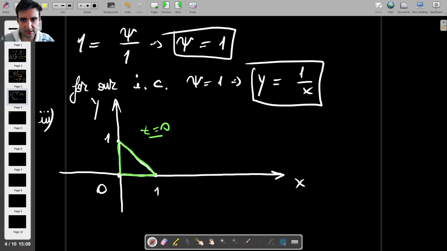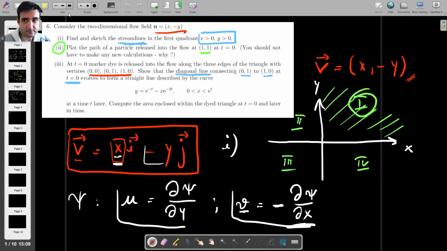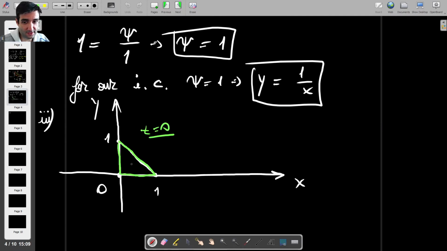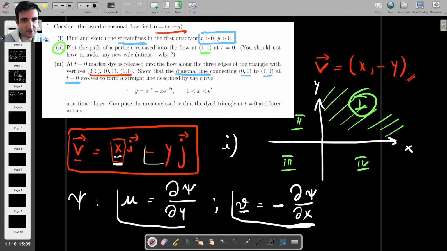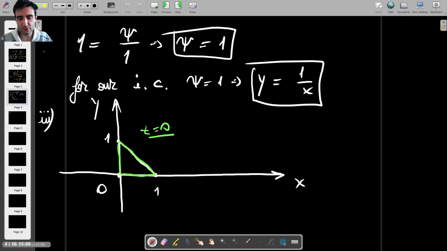And then after a certain number of seconds, we're asked to show that this shape, the straight line, turns into a curve which has this other shape. Okay, so let's try to see how we can prove that. First of all, let's write the dependency between y and x at t equals 0. So at t equals 0, let's write the equation of the straight line.